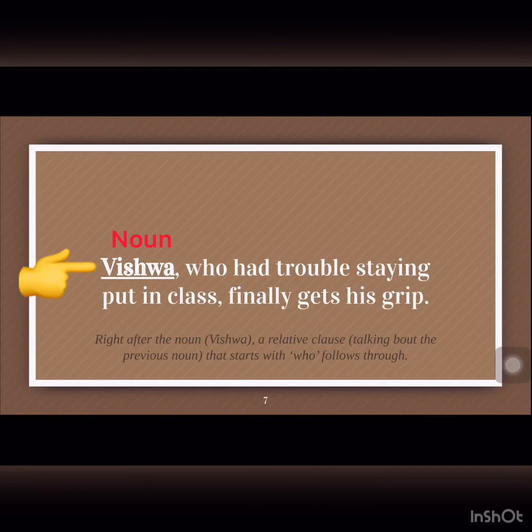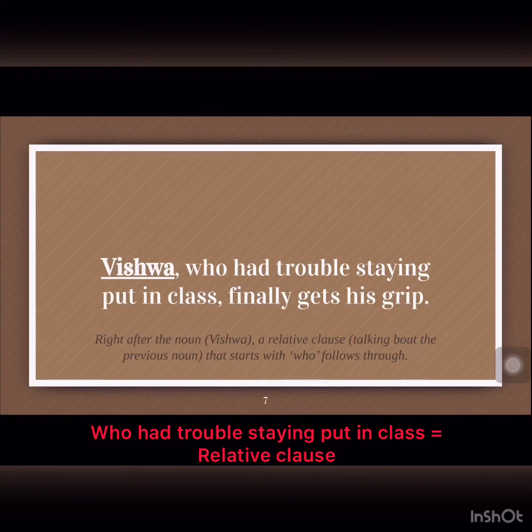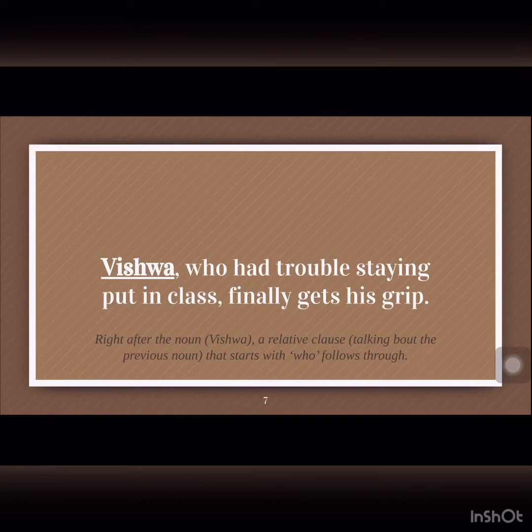So who is a relative pronoun. The entire thing right after Vishwa, who had trouble staying put in class, is a relative clause. You get what I mean? Okay, how do you know it's a relative clause? Because the clause starts with who. Okay?